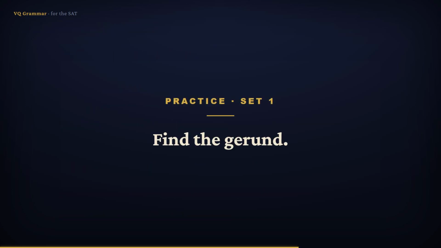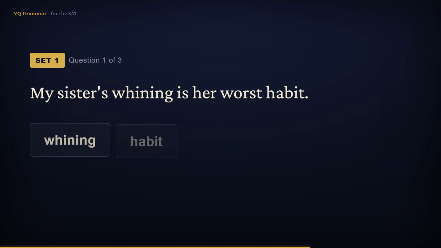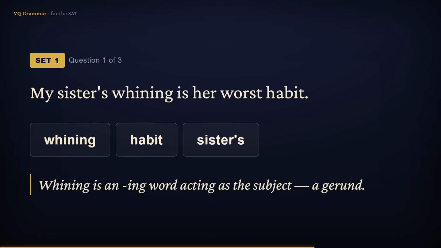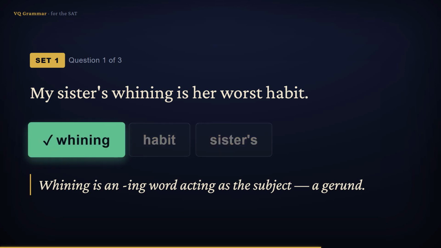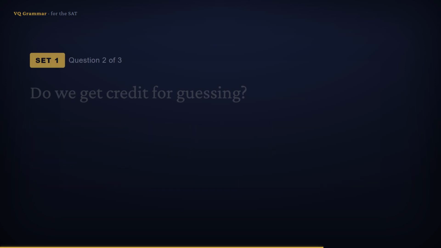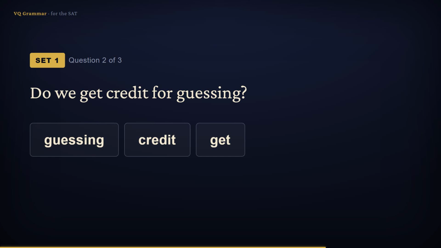Let's practice. In each sentence, find the gerund, the ing word doing a noun's job. Pause and try before I answer. "My sister's whining is her worst habit." Whining is an ing word acting as the subject, doing a noun's job. So the gerund is whining. "Do we get credit for guessing?"